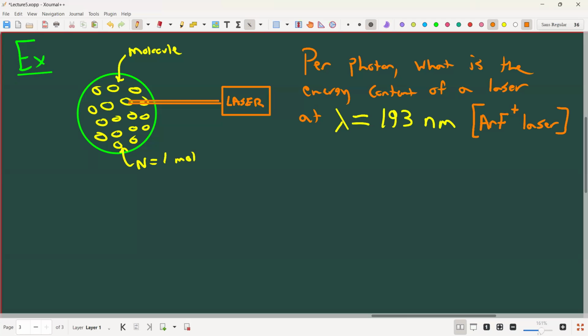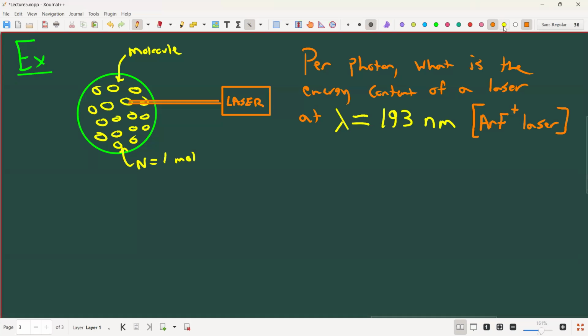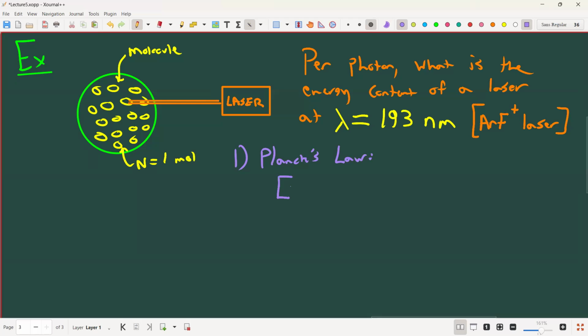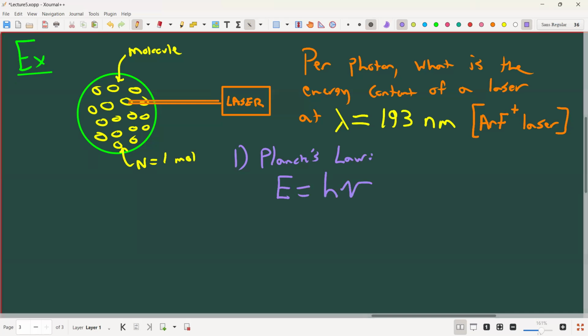So what I want to know is how much energy does one of the photons impart on an atom if it absorbs it? Well, we can calculate that very easily. We're going to use Planck's law, which says that E is equal to h nu. But we have a wavelength here, not a frequency.